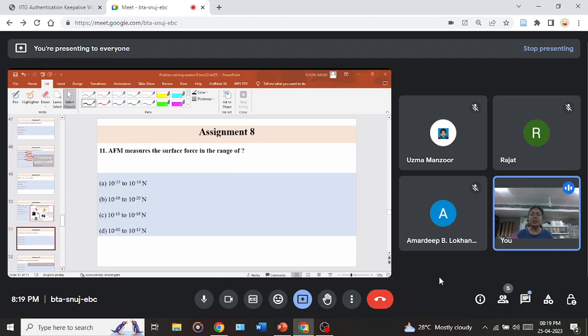This is actually a property of AFM and it is basically theory that you have to remember.